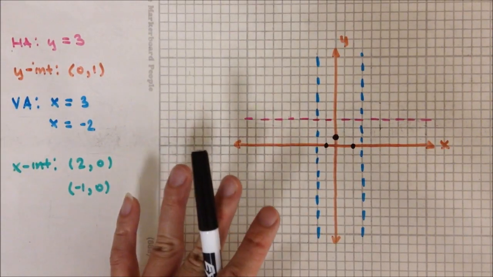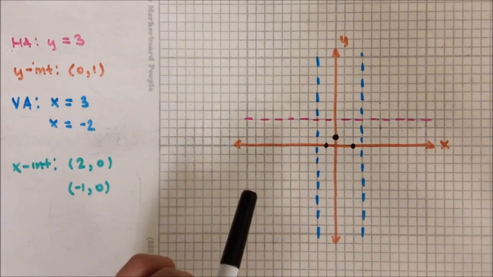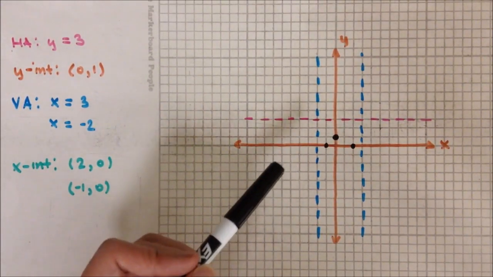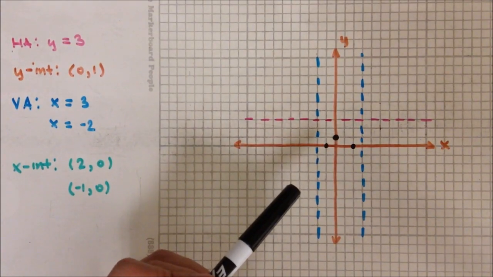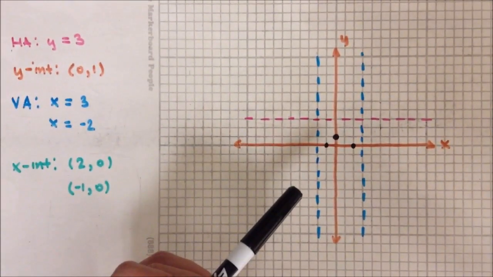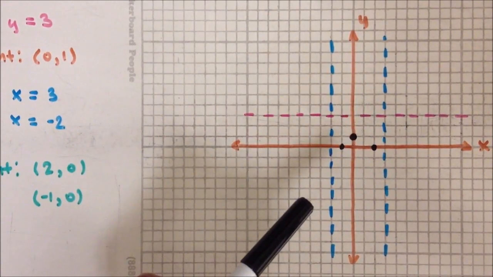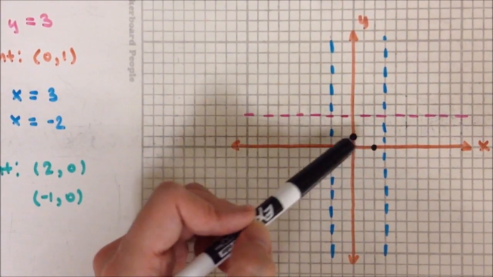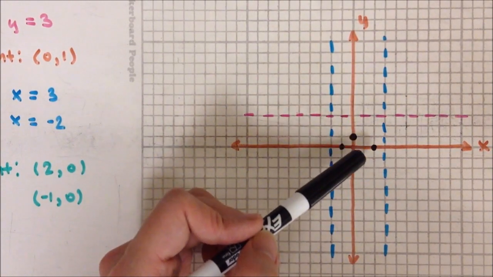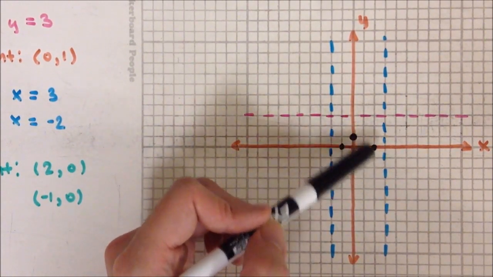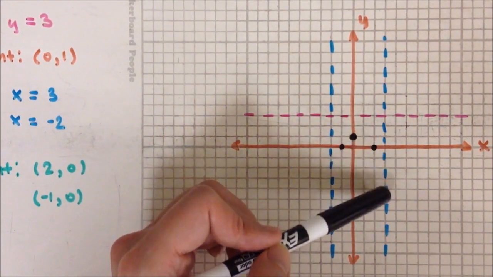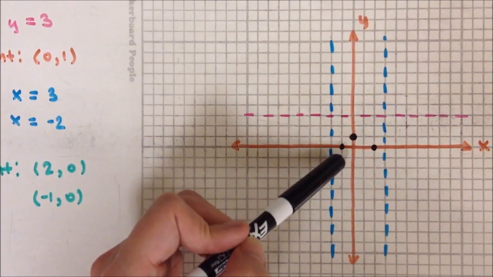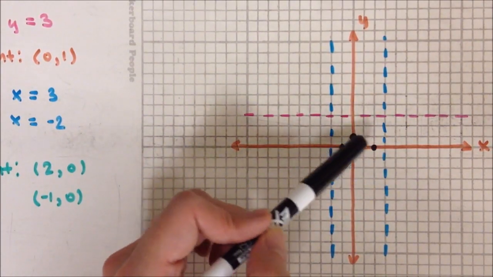Now the one thing about our vertical asymptote is that when you make your graph, the graph cannot go through or go past the vertical asymptote. Your line cannot touch nor go through the vertical asymptote. With these 3 points, they have to be connected.